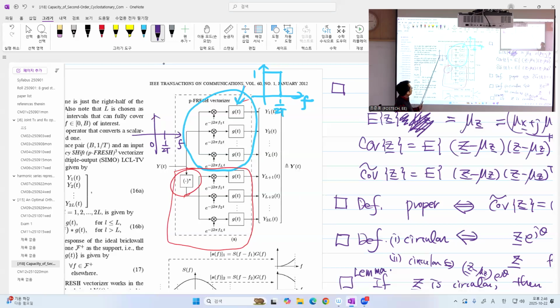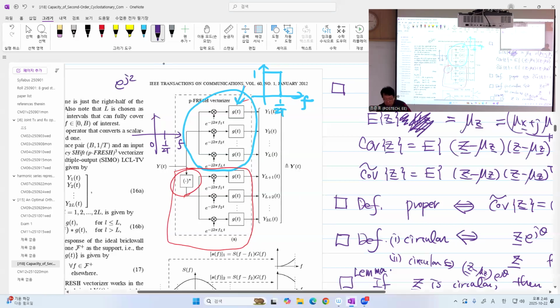What about in the lower part? First, you have to understand what happens to a frequency component when that is conjugated. It may be helpful to remind the property of the Fourier transform, but that is not necessary actually. Just consider a simple complex exponential signal.